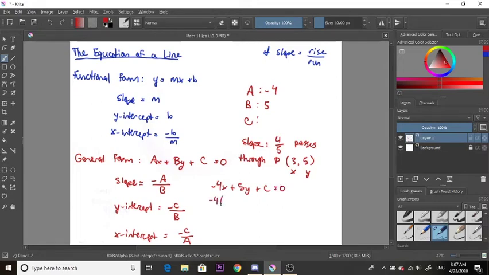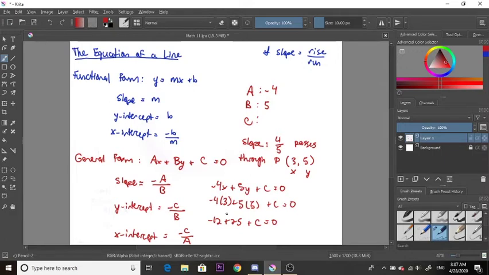And then negative 4 times my 3, which is the x, plus 5 times my y, which is 5, plus c is equal to 0. This will give me negative 12 plus 25 plus c is equal to 0. So when you do that calculation, make sure you don't forget that negative.